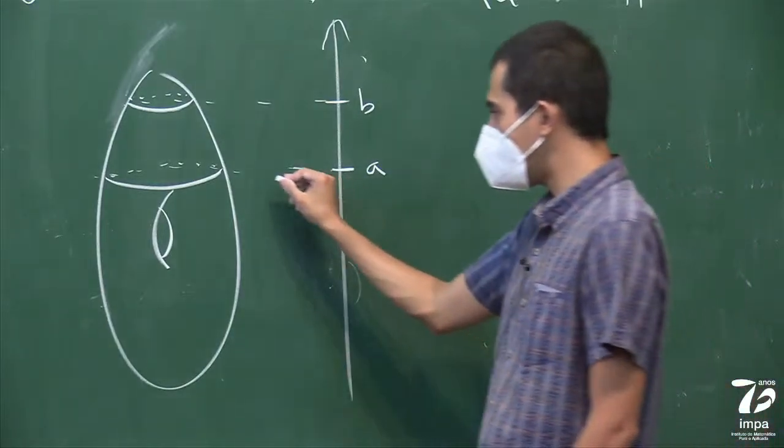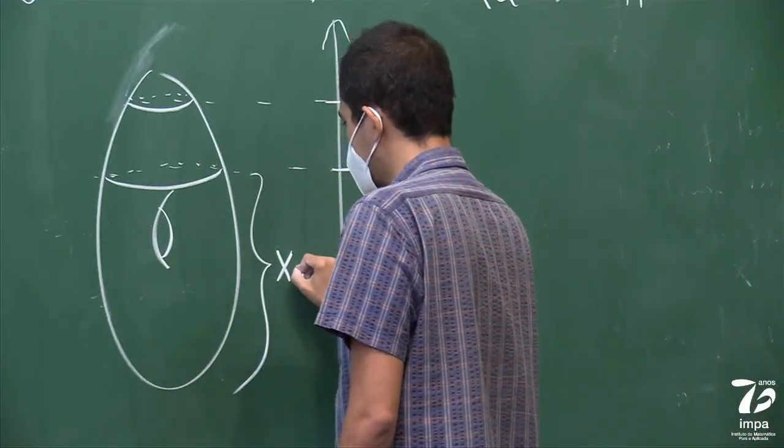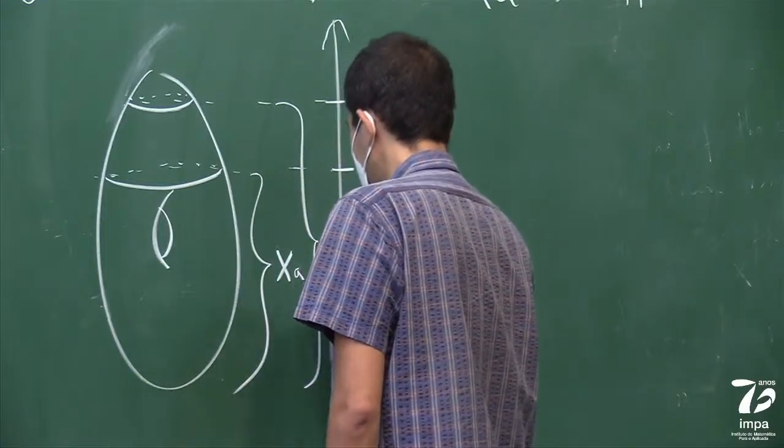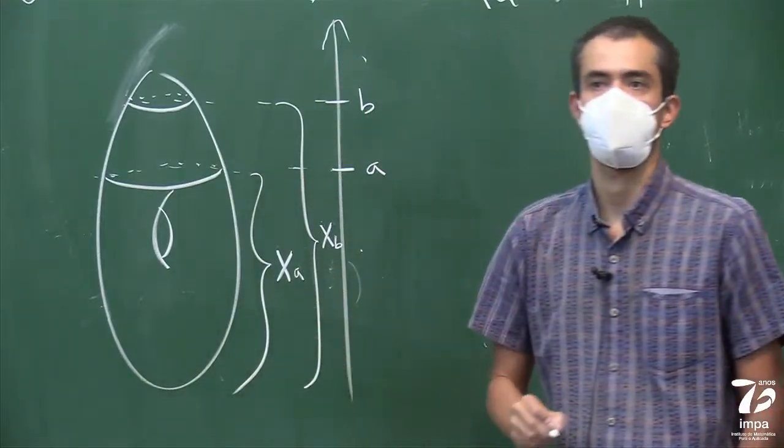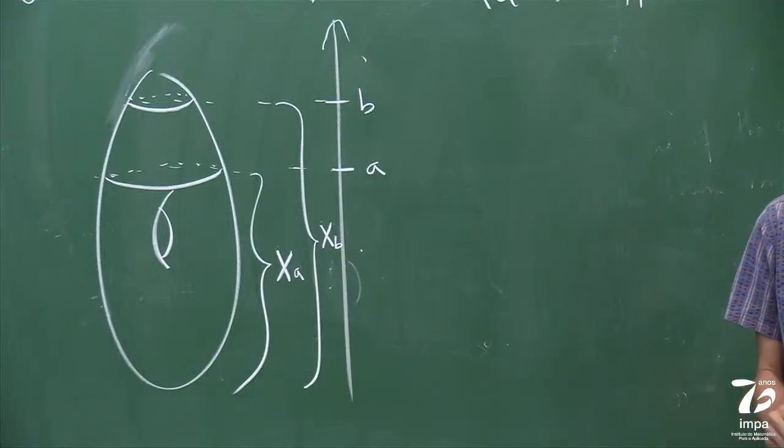So you see my X_A is this set here, and my X_B is this set here. It's not hard to see from the picture that they are diffeomorphic.